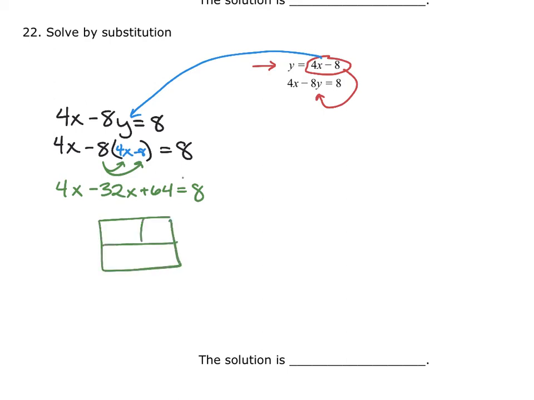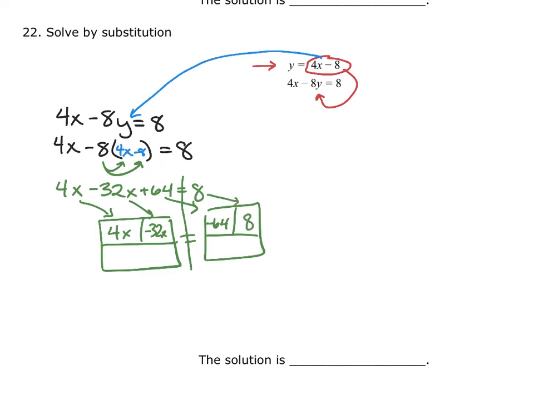There are two things with x's and two things without. I draw my arrows. Cross the line, change the sign. I'm going to add across the top. 4x plus negative 32x is negative 28x, and negative 64 plus 8 is negative 56.